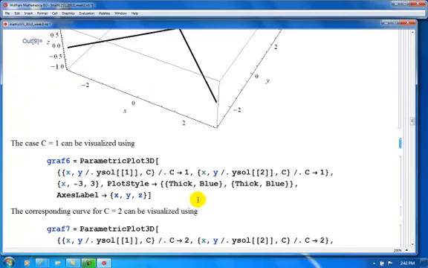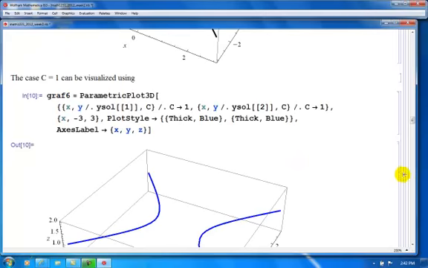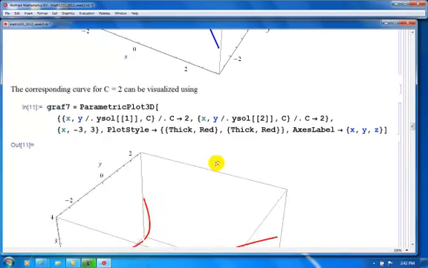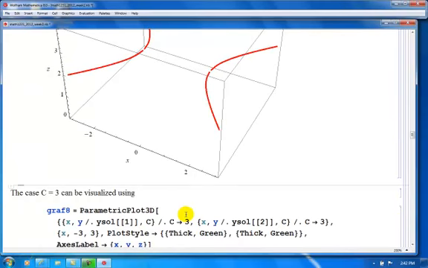Now we can do the curve for c equals 1 and for c equals 2. And just for fun, we'll do c equals 3.